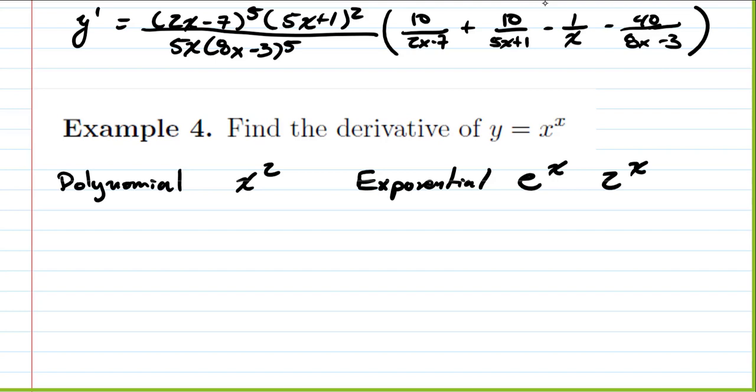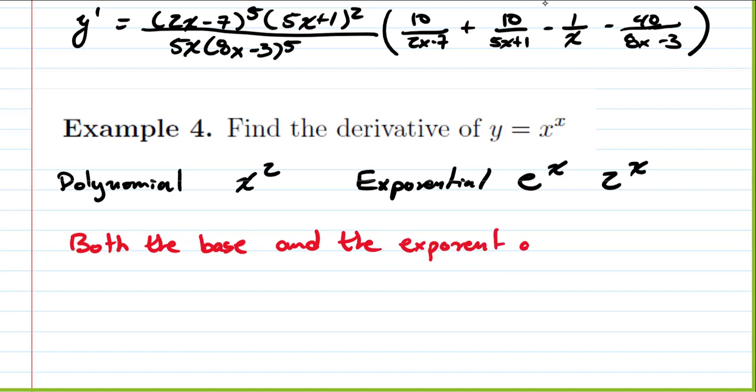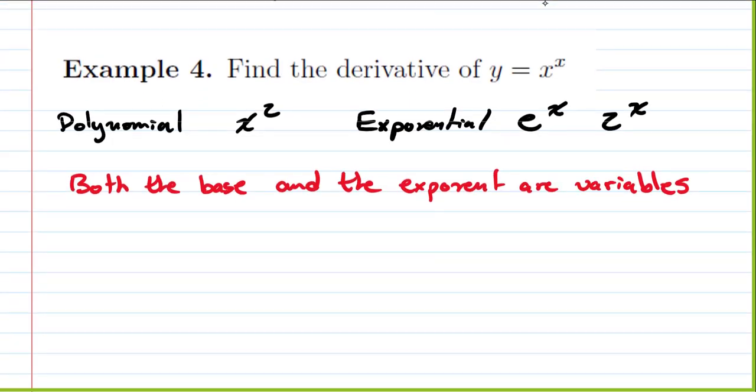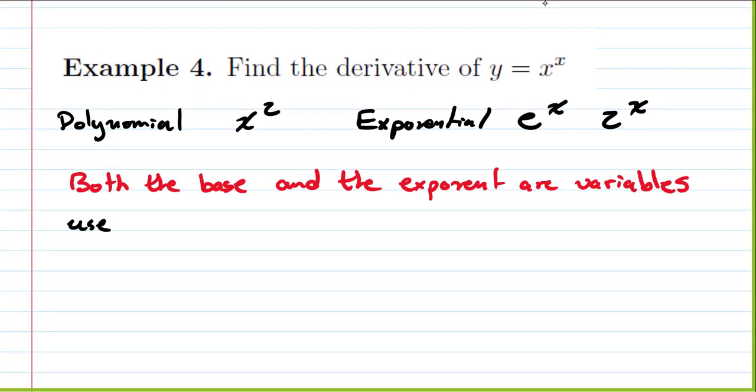Both the base and the exponent are variables. So this is some new type of function. When we have this situation, we have to use logarithmic differentiation.